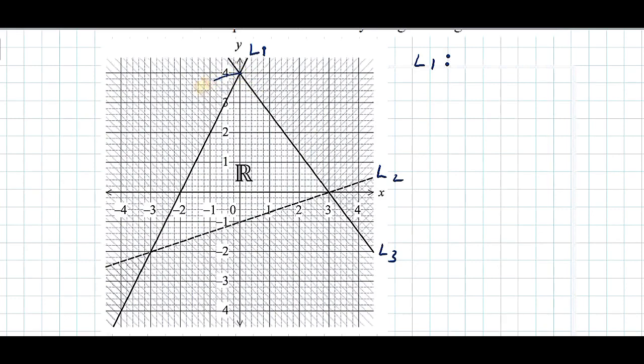So 4 will have to multiply x. Let the x-axis represent the x variable. So we have 4x. And then considering the x-intercept, the x-intercept here is -2. -2 multiplies y. Again, the y-axis represents the y variable.